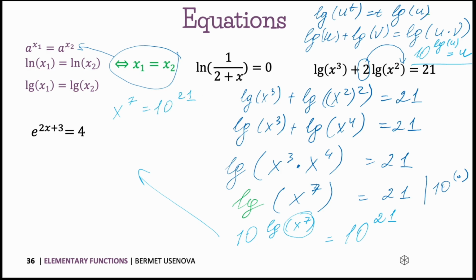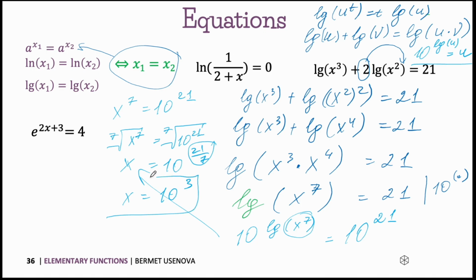From here, if we take the 7th root of x to the power of 7, we can also take the 7th root of 10 to the power of 21. So we end up with x equaling 10 with this fraction in the power, which is equal to 3. So that's how we found x.